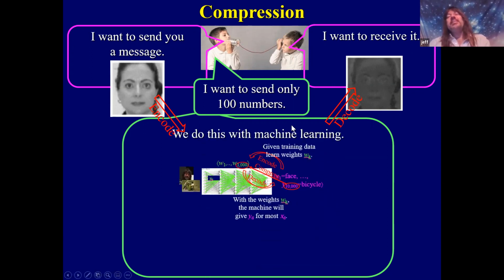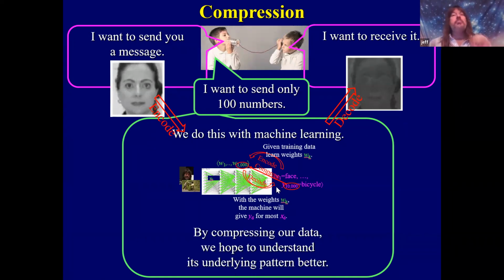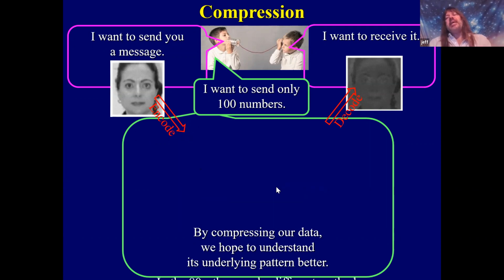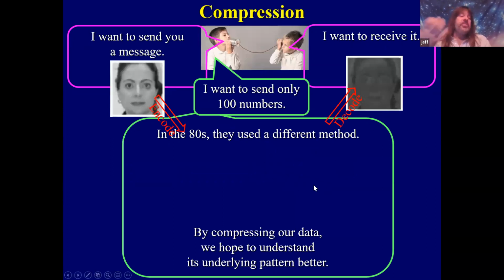All right, so we did this kind of compression before when we were talking about machine learning, and the purpose was that if you can compress it so far, then you must be somehow extracting out the pattern. You must be finding the key 100 numbers to represent this, and maybe then when you do machine learning, you can learn better from these 100 numbers.